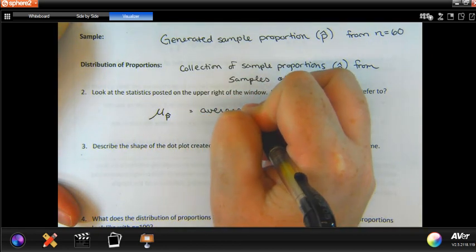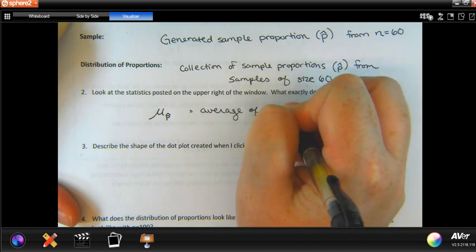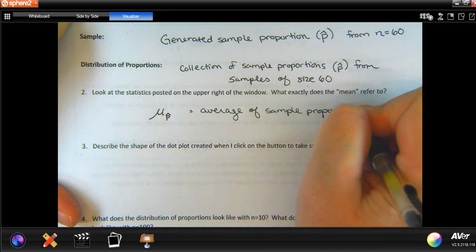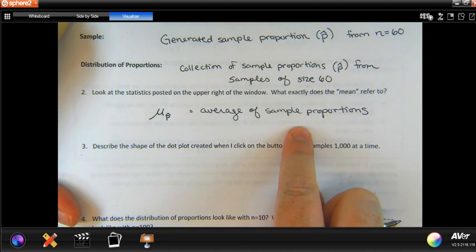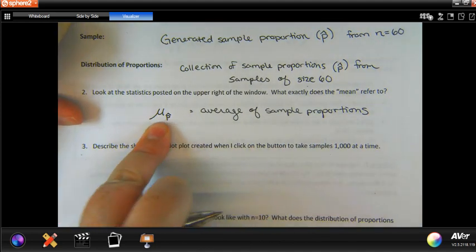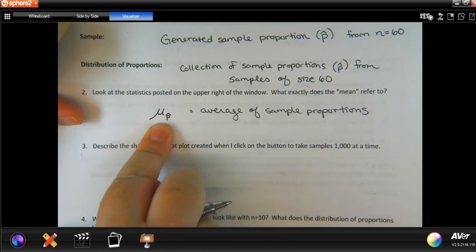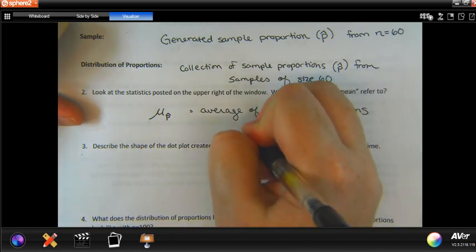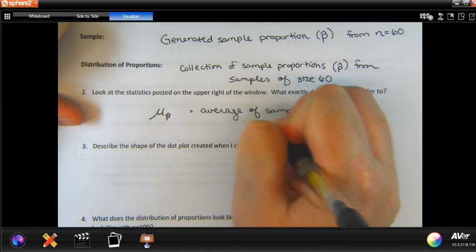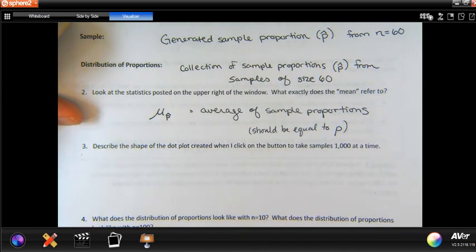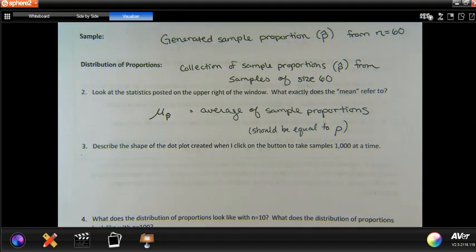So that's what the mean refers to. And as we saw, this should be exactly equal to our population proportion. So that's the value we should be getting out most often as it averages out.